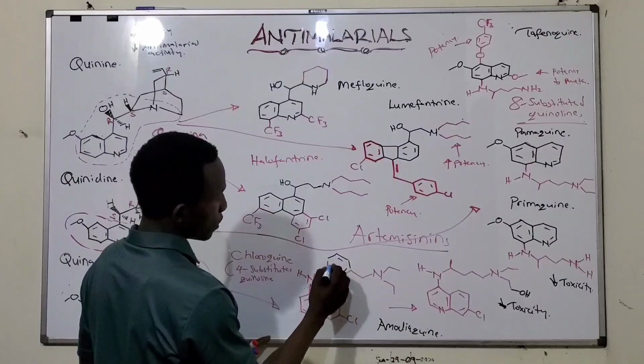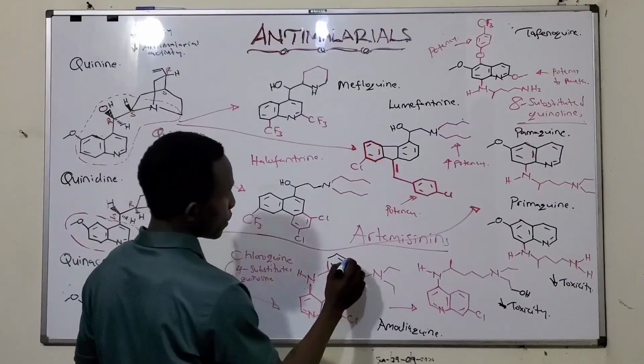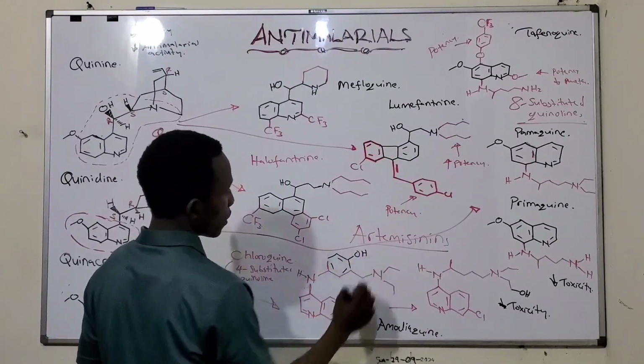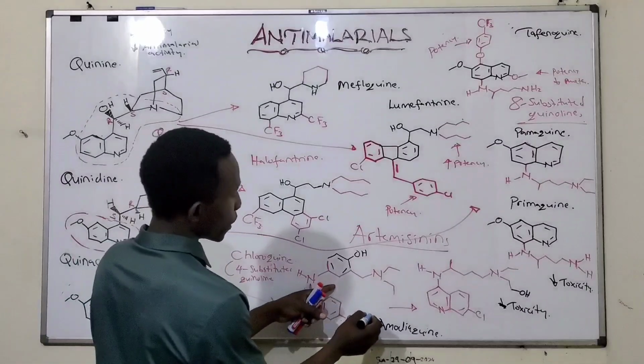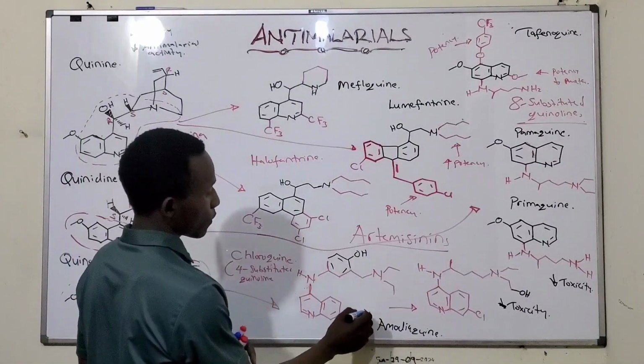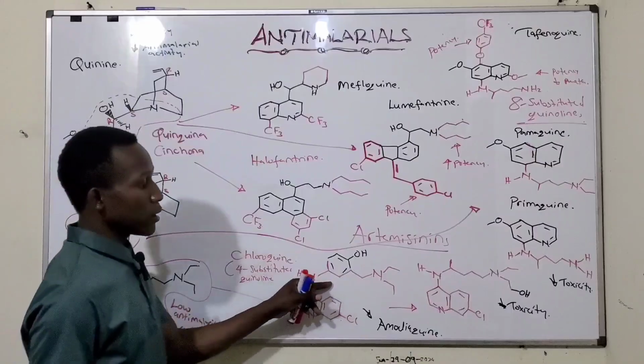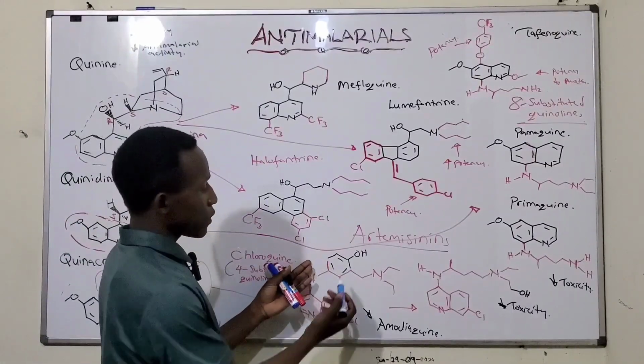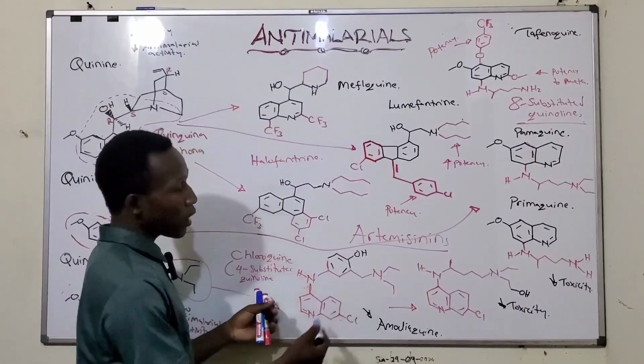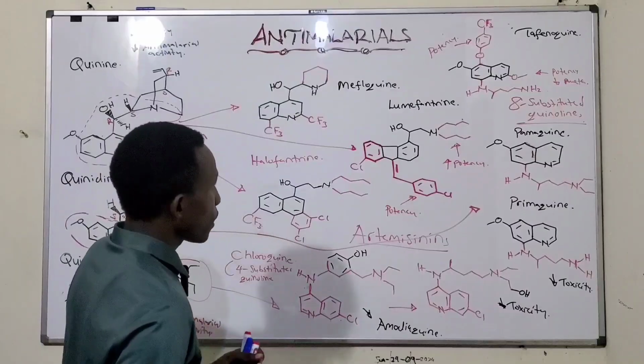They made it to be a benzene ring with OH here. This is amodiaquine. And we shall see the effects of adding this group when we talk about amodiaquine and the modifications.